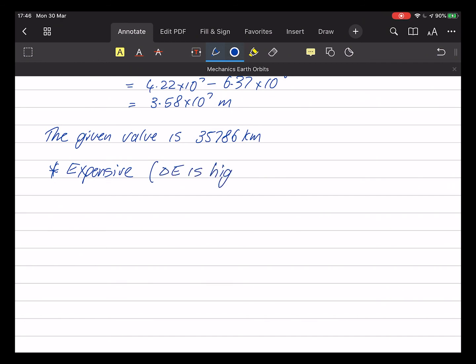The amount of energy you need to get things to that altitude is a lot, which implies huge dollars.